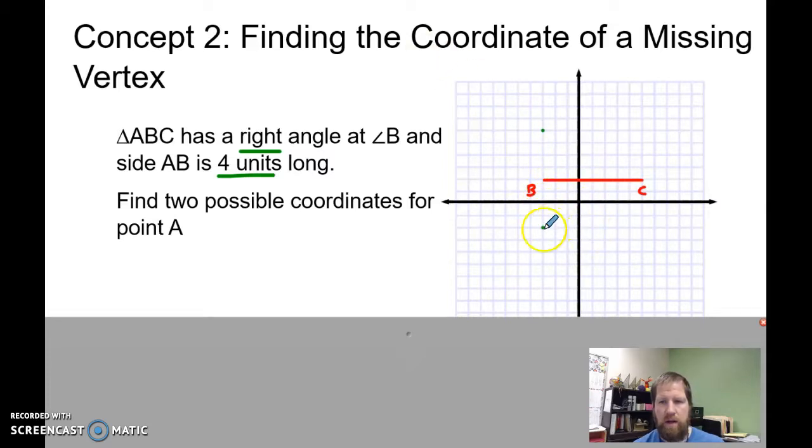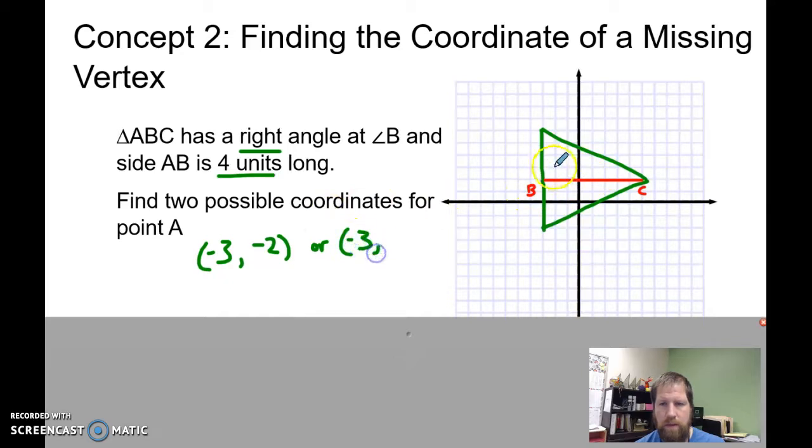And I can draw my triangle out if I want. So it could be either of those 2 points. So it could be either -3, -2, or -3, 2, 3, 4, 5, 6.